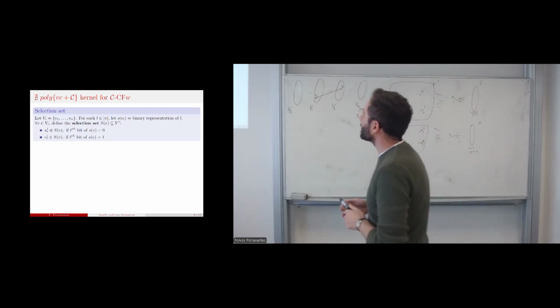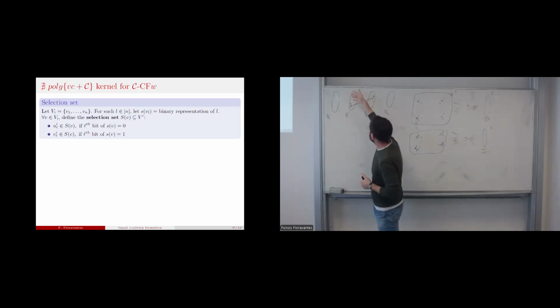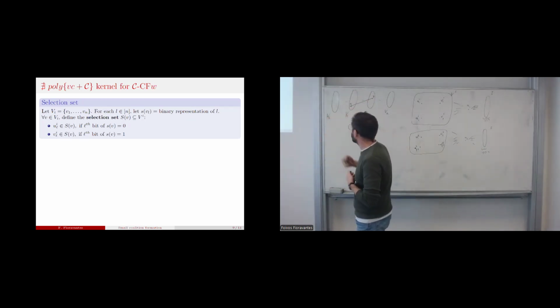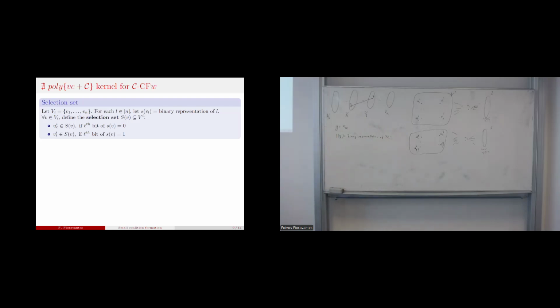Because we will define these selection sets, for which I take an arbitrary ordering of those things, and for each one of these vertices I define: if it is the 32nd vertex in Vi, I give it a number, which is the binary representation of the index of this number.